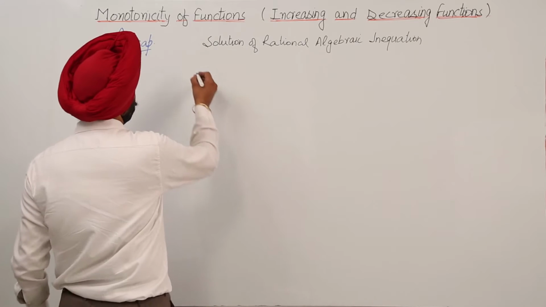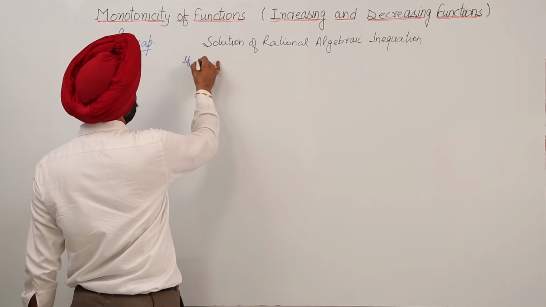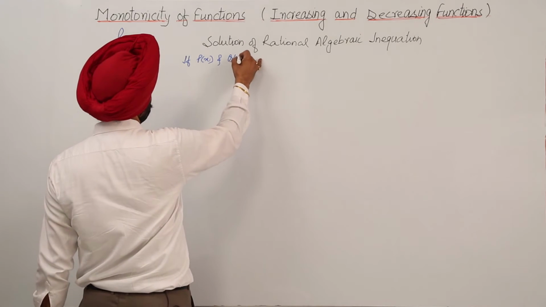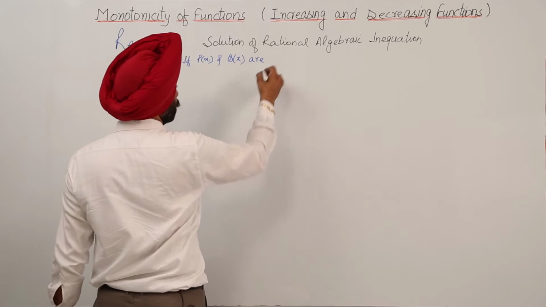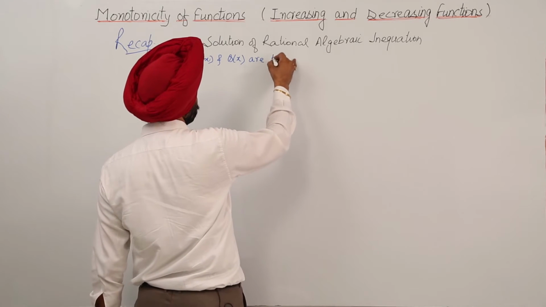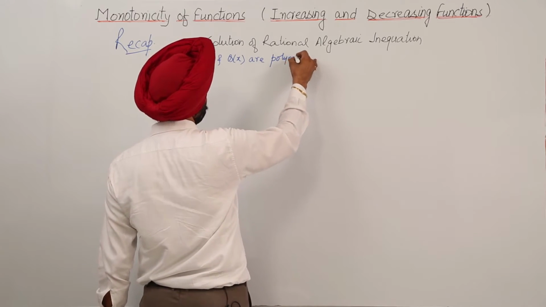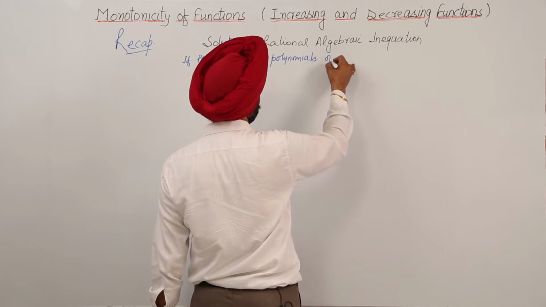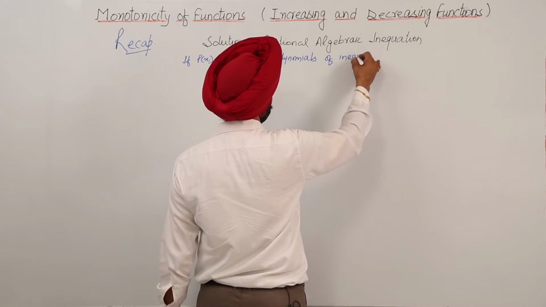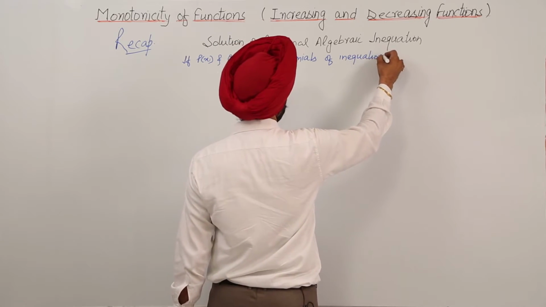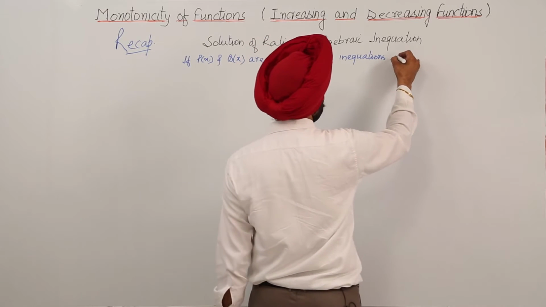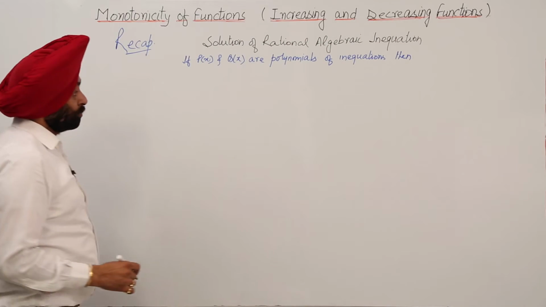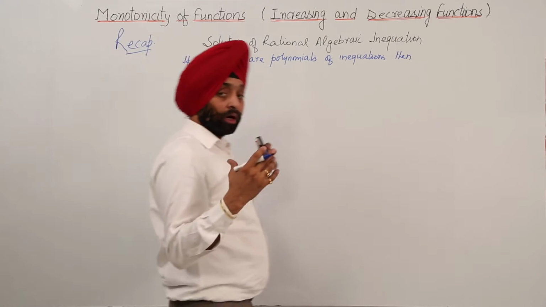Basically, first thing we have: if Px and Qx are polynomials in equation, then how to write it?